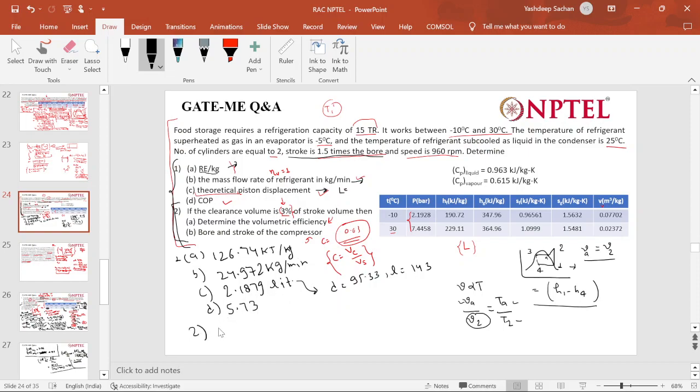In the second problem, when you take the clearance ratio, then the volumetric efficiency is coming. Anyone calculated what volumetric efficiency you are getting? 94.26%. Here it is coming 93 point, sorry, 93.49. So it is okay. Anyone calculated bore and diameter?